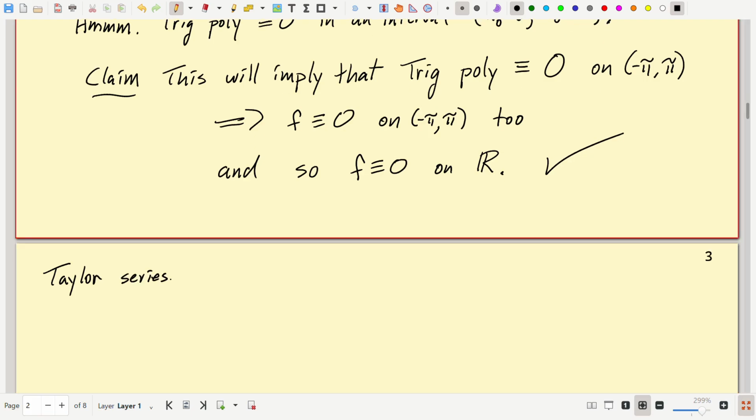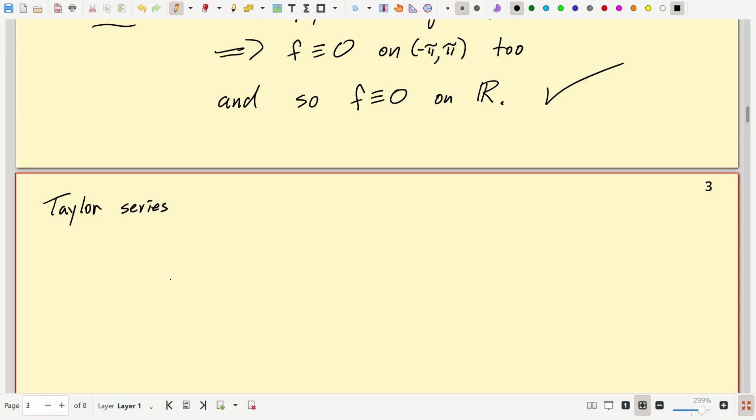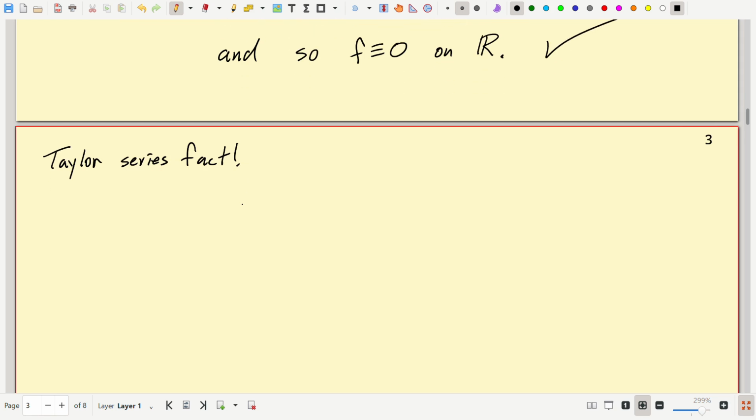Let's see. So let me think about my trig polynomial. The key is going to be a Taylor series fact. I've got my trig polynomial, f of x, equal to a sum of finitely many terms, Cn e to the i n x.